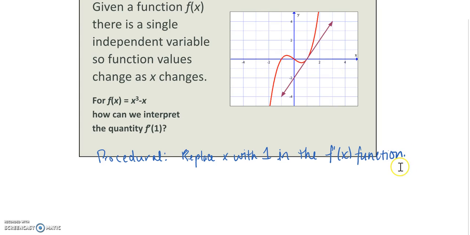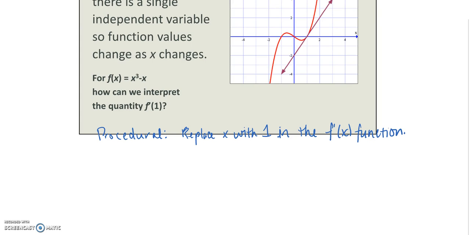Okay, so very much a procedure. How do I actually write it? How do I find it? That would be how I would find it. That doesn't give me much meaning. It tells me how to compute it, but it doesn't tell me what it actually means.